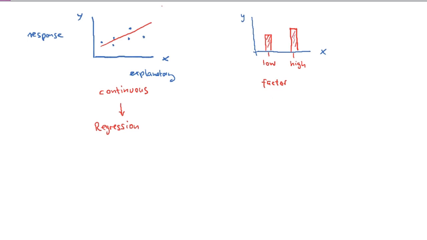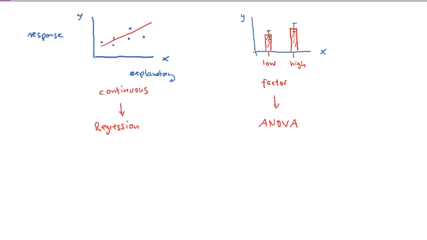And potentially the bar chart also contains some estimate of variability of these measures of central tendency, as shown here by error bars. Now, what type of model are you going to use when the explanatory variable is a factor? Well, this is what you usually would call an analysis of variance or ANOVA.